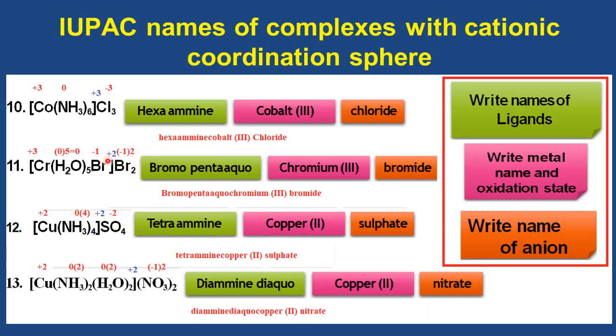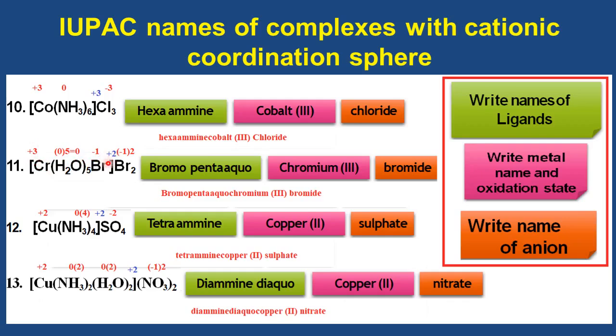So, in order to obtain +2, the oxidation state of chromium should be +3. +3 and -1 will give +2 on the whole, which will be balanced by -2 of the anion. So students, the name is bromo pentaaqua chromium 3 bromide.